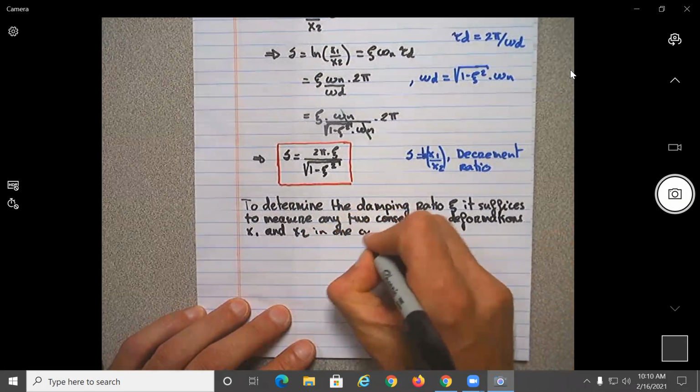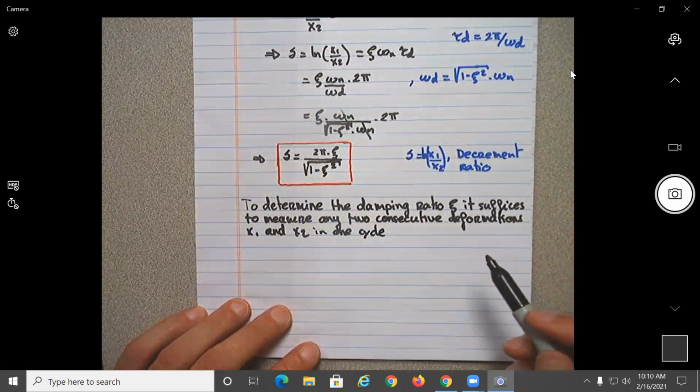Maybe I'm going to add that. The important thing is during one cycle, during one period.